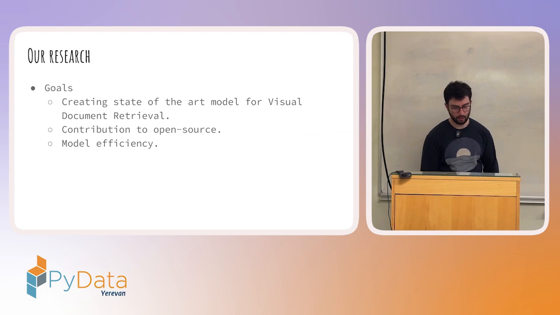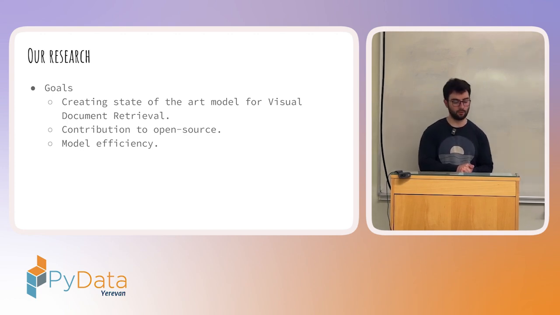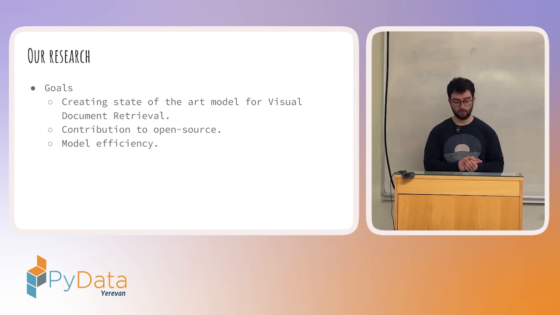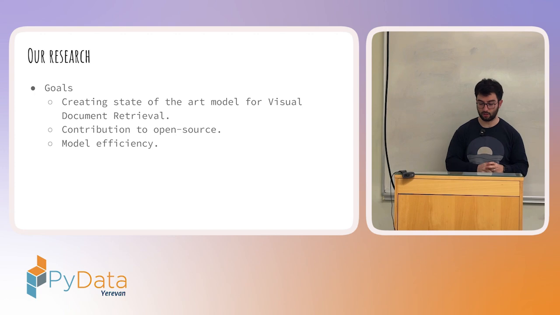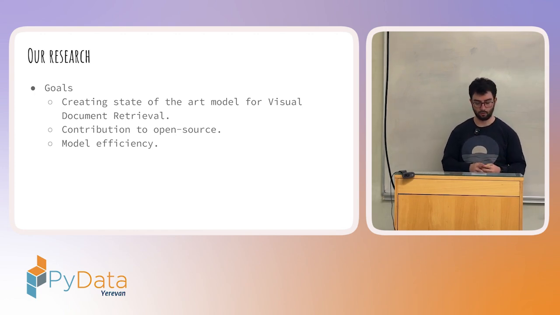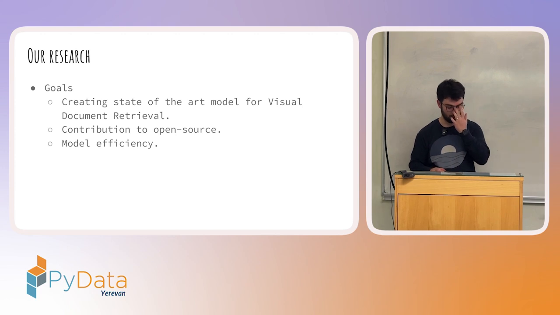Okay, this is all about ColPali and ViDoRe. Now let's see what we are doing here. Our goal is to create a state-of-the-art model for visual document retrieval, so the best in the world. We want to do it open source, so no proprietary things.